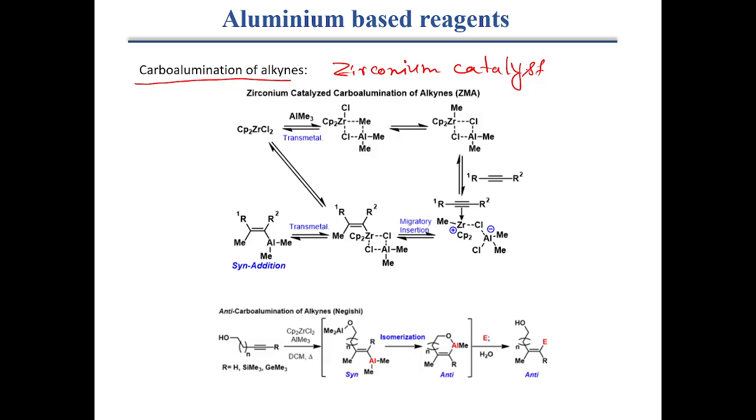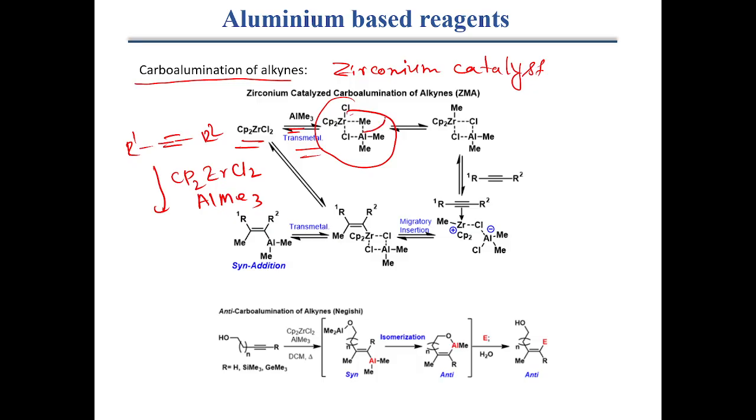What happens in the presence of zirconium and aluminum, with any kind of alkyne such as this one, R1, R2, in the presence of cyclopentadienyl zirconium chloride and trimethyl aluminum? First, aluminum and zirconium undergo transmetallation. It forms this dimer, and in this dimer, the methyl group is transferred to the zirconium and chloride will leave. So this will give this product.